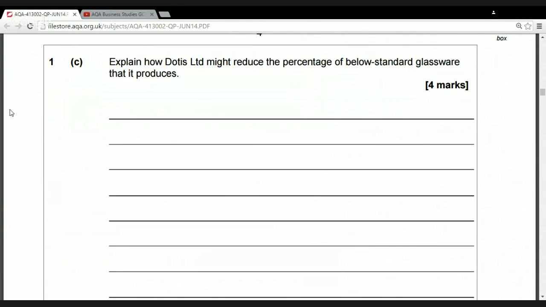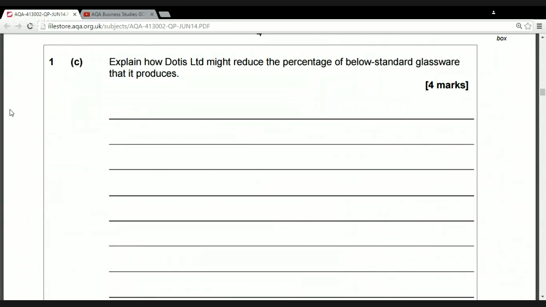For 2 marks, you're going to have to go up to level 2, and you're going to have to explain and develop what you were doing. That will be a low level explanation. And if you want to get into level 3 and get 3 or 4 marks on this question, you'd have to explain and develop in the context, meaning you have to refer to the case study.